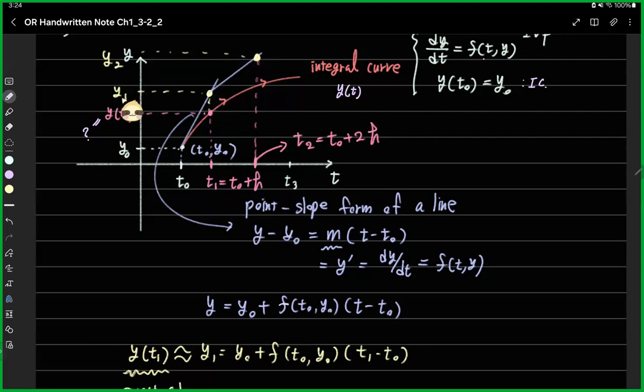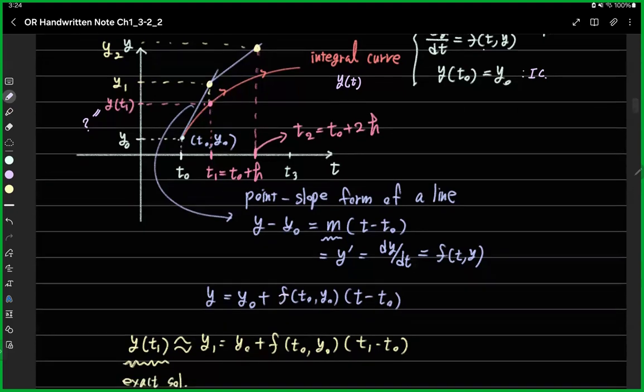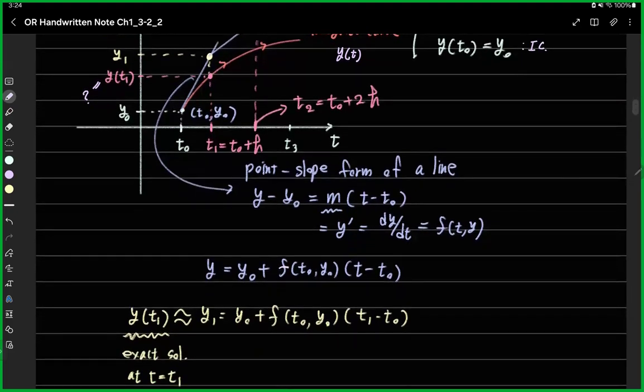So y sub 1 will be a really good approximation of y of t sub 1. So let's say y of t1 is approximated by y sub 1.